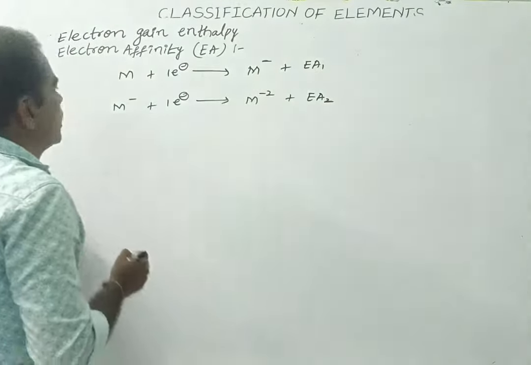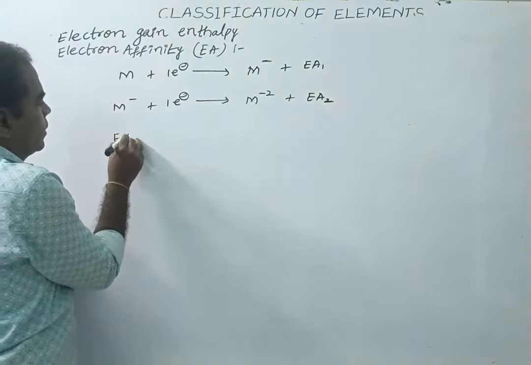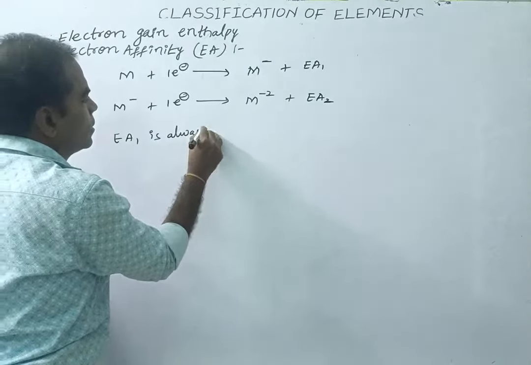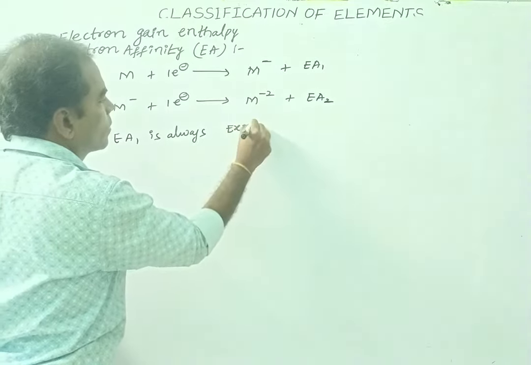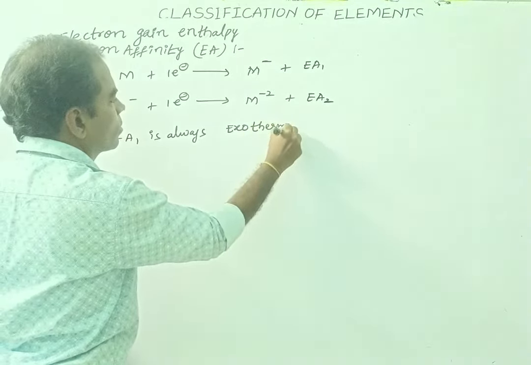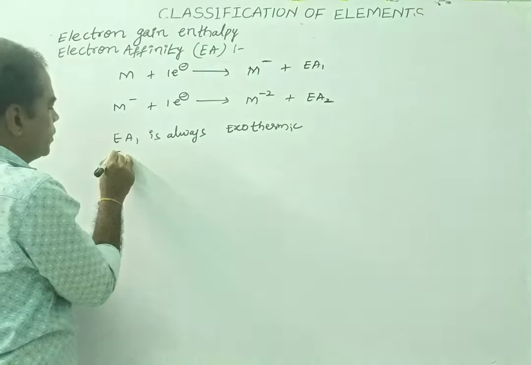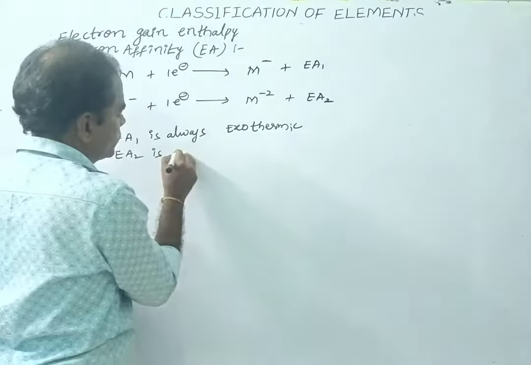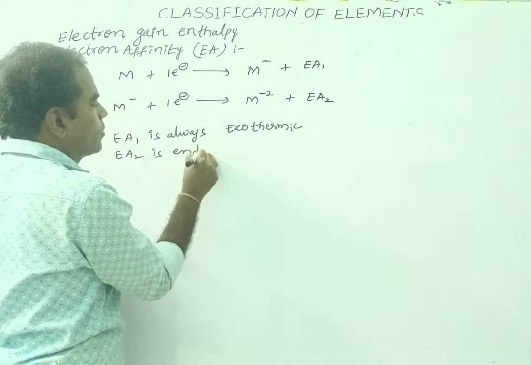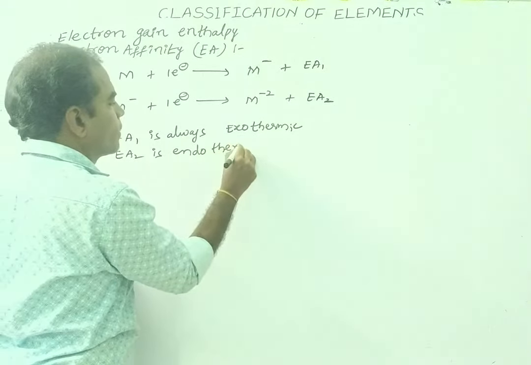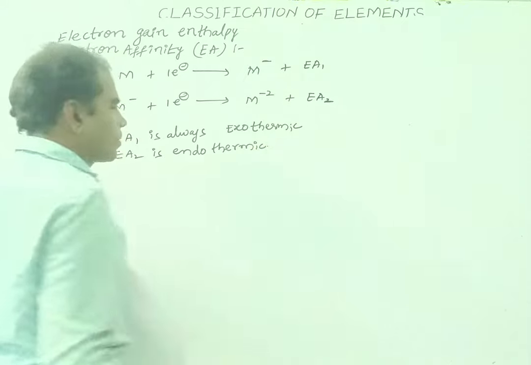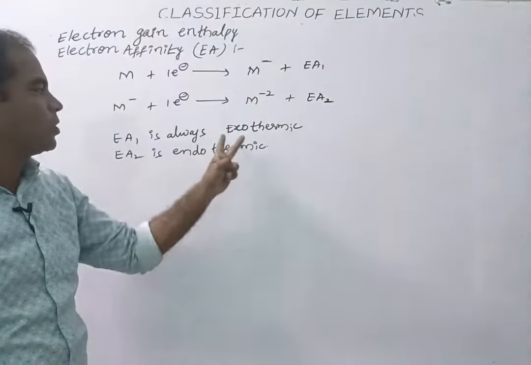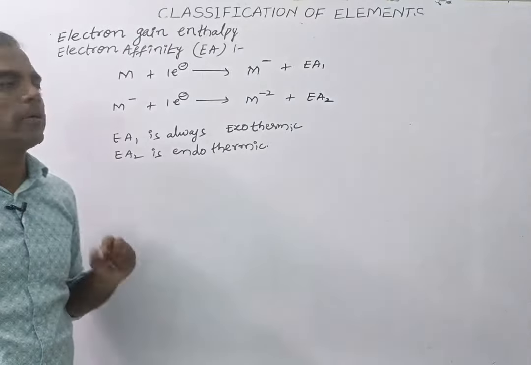EA1 is always exothermic, EA2 is endothermic. Exothermic means energy is released. Endothermic means energy is absorbed.